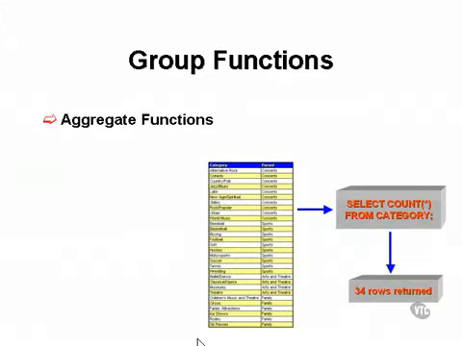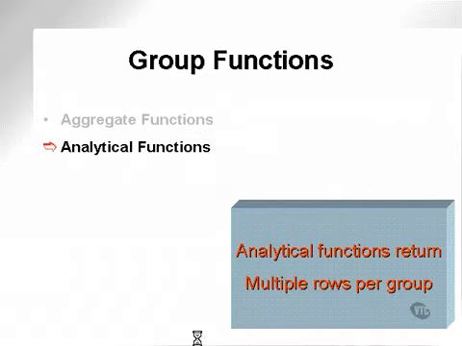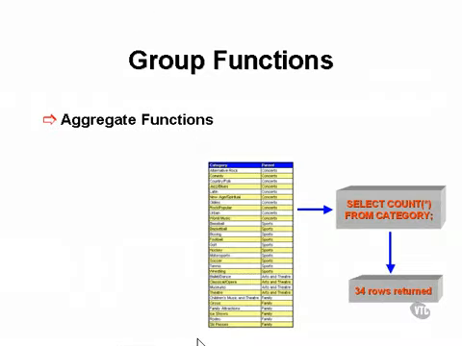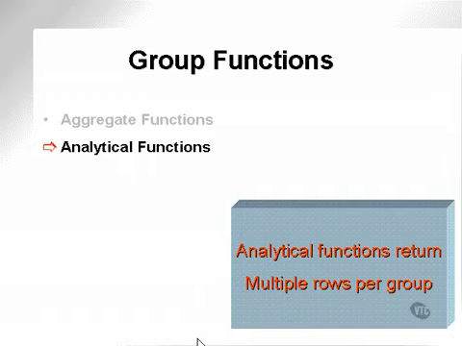Now, the most simple difference between the two is that the aggregate will produce a single row, whereas the analytical function will actually produce a number of rows. However, the aggregate produces a group in the same way that the analytical function actually produces multiple groups. All it does is that the analytical function breaks the single group into a number of subsets.